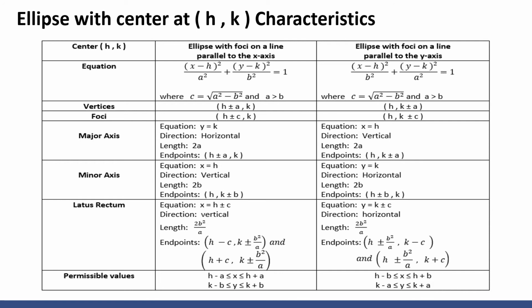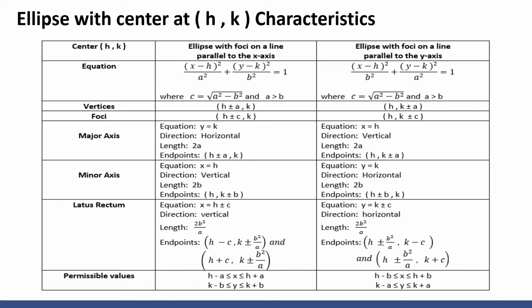But this time, it is x minus h quantity squared over a squared, plus y minus k quantity squared over b squared equals 1. But still, you can get the value of c through the square root of a squared minus b squared, considering that the value of a is greater than the value of b.